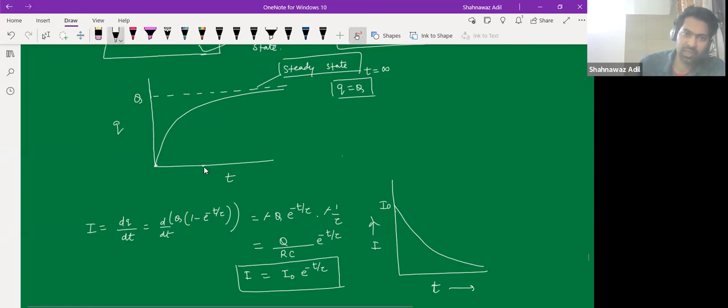This is the point at which t equals tau.